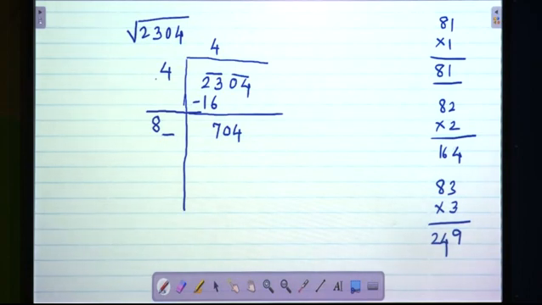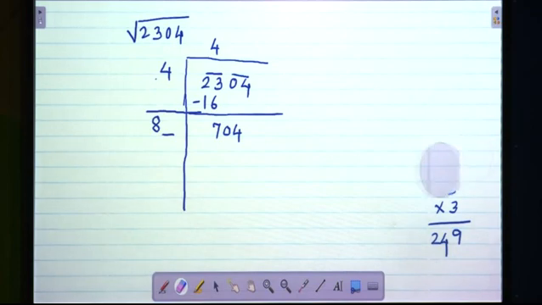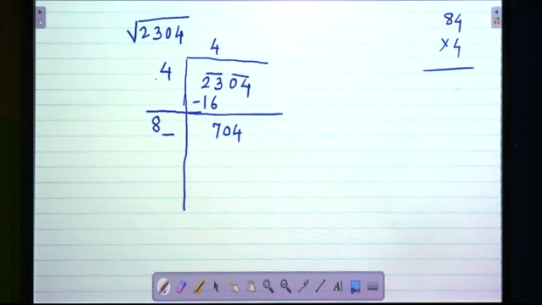So we guess the next digit. 84 fours: 4 fours are 16, 8 fours are 32, 32 plus 1 is 33. This is smaller, so let us guess the next. 85 fives: 5 fives are 25, 5 eights are 40 plus 2 is 42.